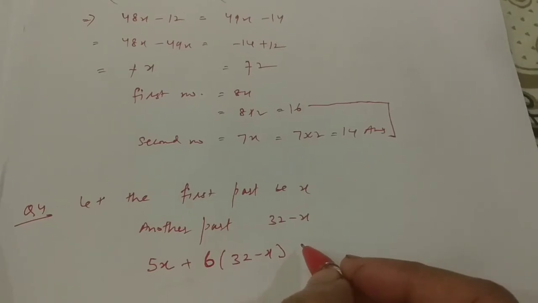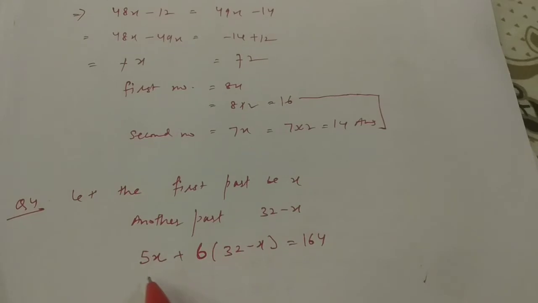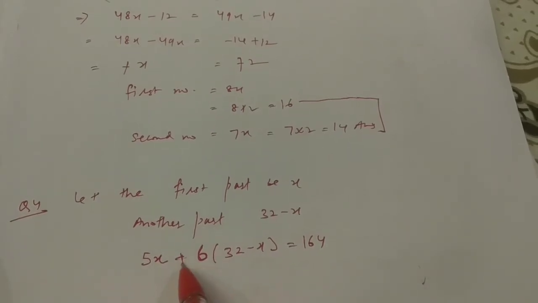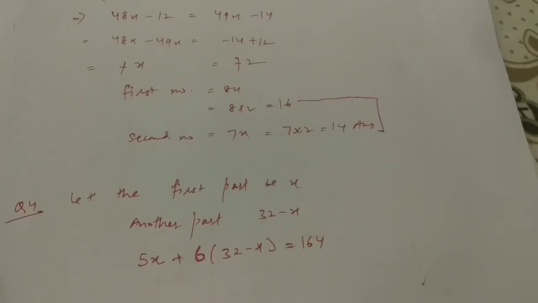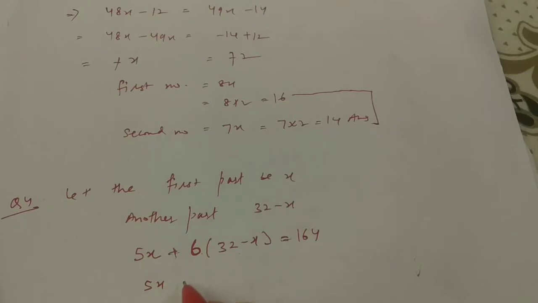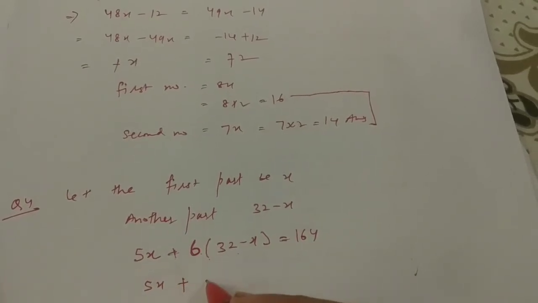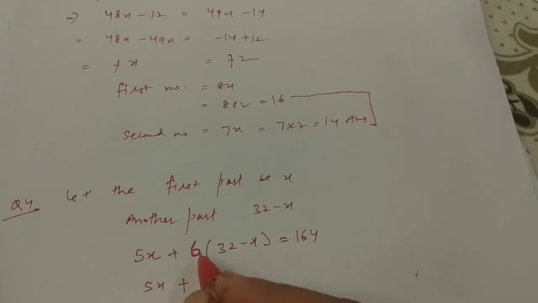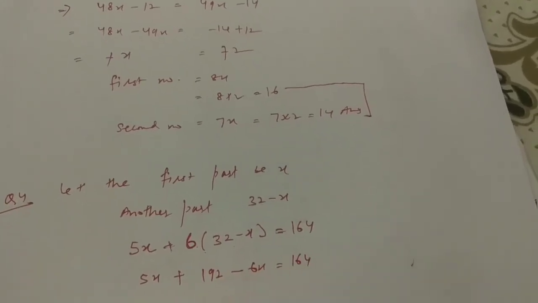Our result would become 164. So according to the equation, we will solve the equation. 6 into 32 will be coming out as 192, and 5x plus 192 minus 6x is equal to 164.